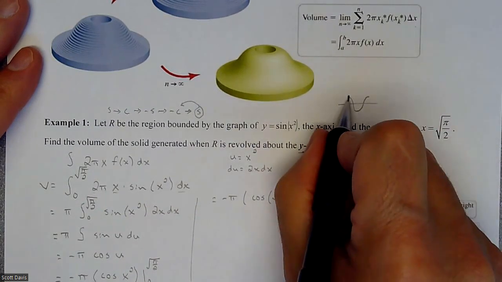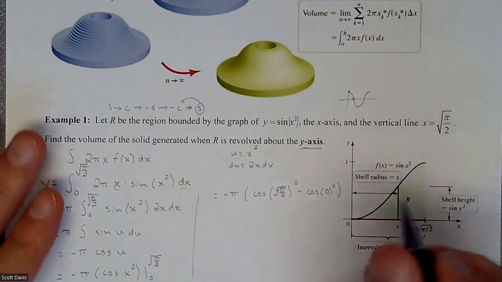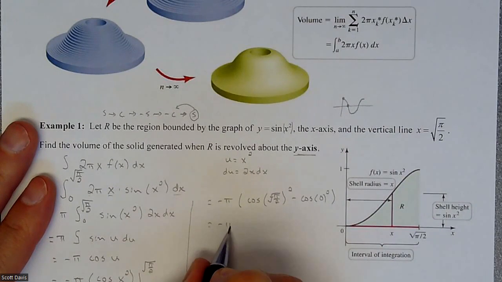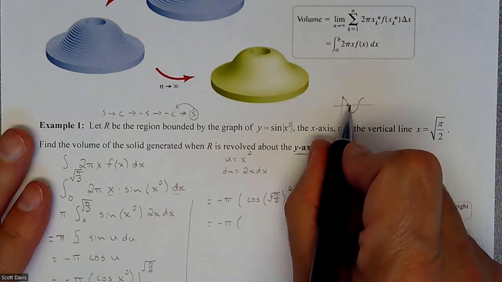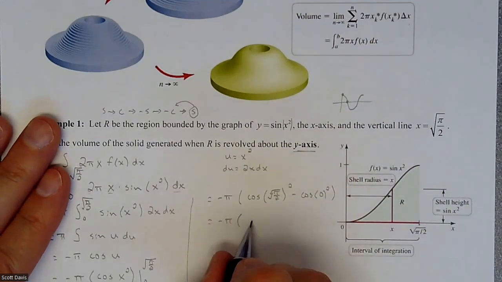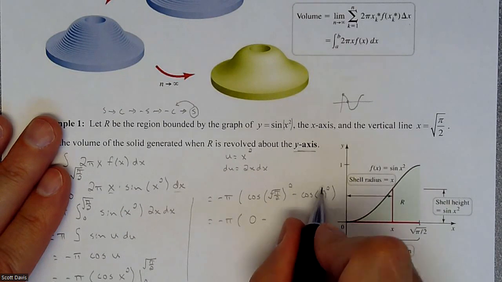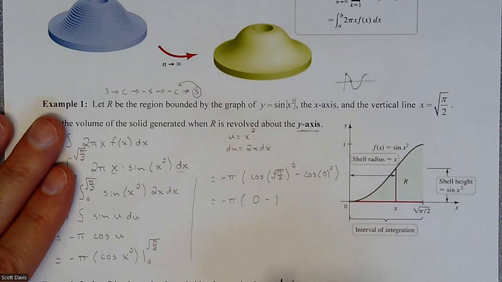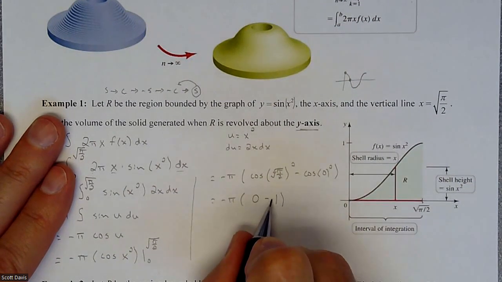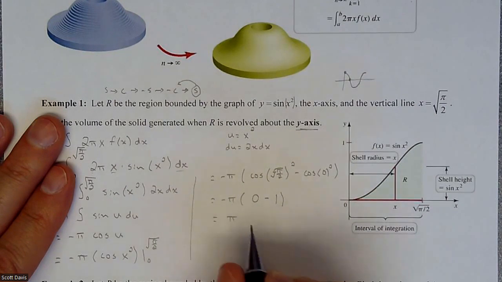There's my cosine graph. That's my cosine of 0. That's my cosine of pi over 2. So I am getting a negative pi. This is going to become 0 minus cosine of 0 squared, just cosine of 0, which is 1. Cosine of 0 is 1. And that's going to be a negative 1 times a negative pi, which is going to give me an answer of pi.